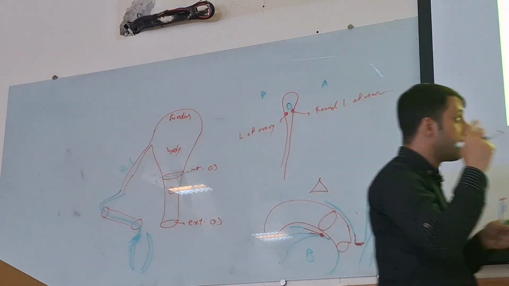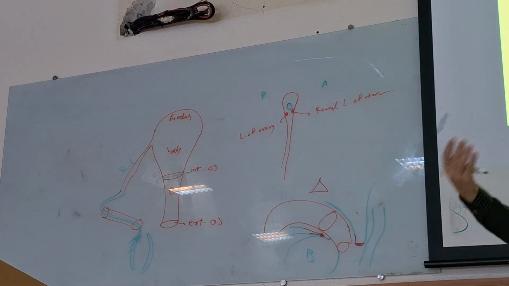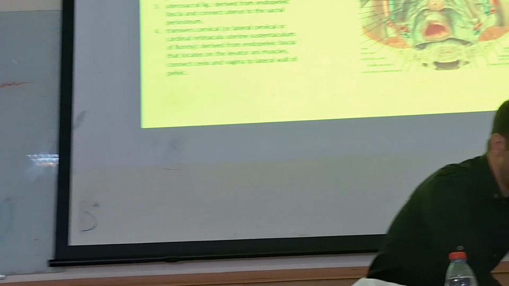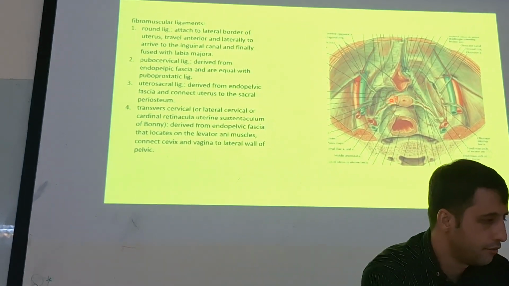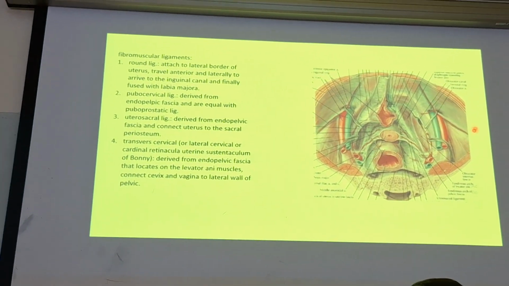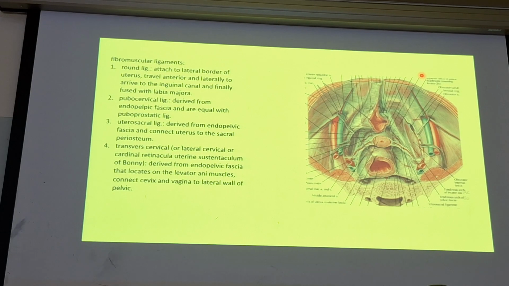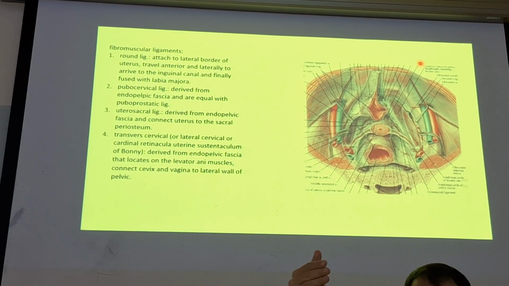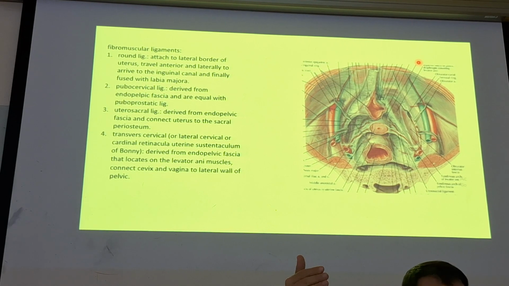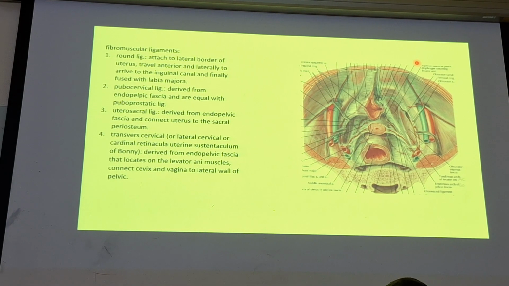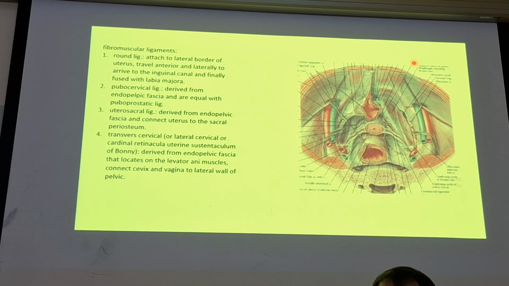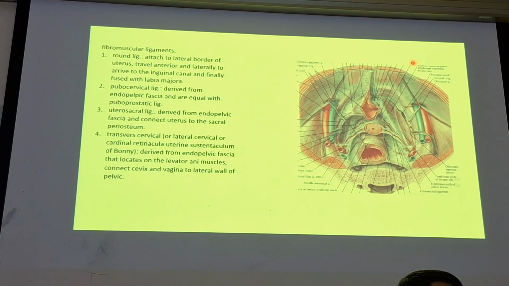Other ligaments are derived from the endopelvic fascia. Look at here. It is the fascia of the endopelvic area. One of the ligaments originates from the pubic bone or pubic symphysis and travels posteriorly to arrive at the cervix of the uterus. They are named pubocervical.